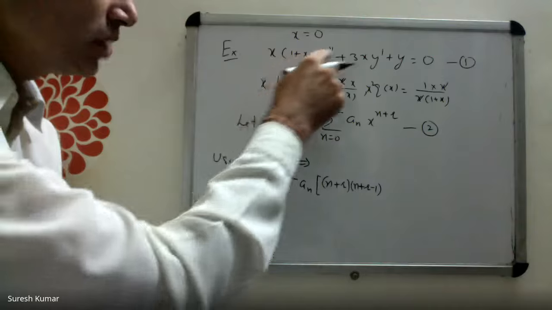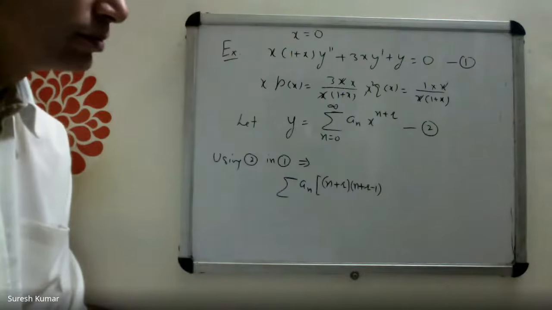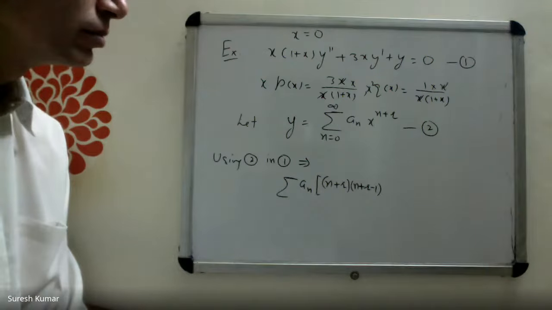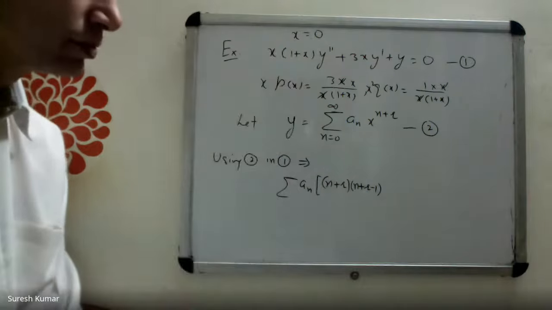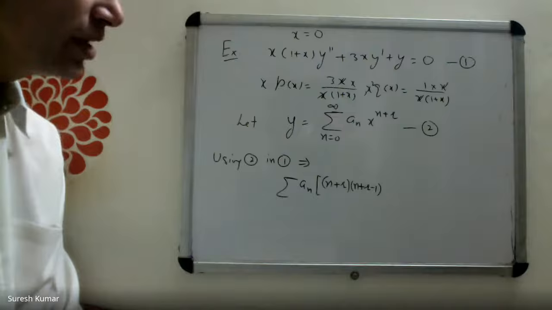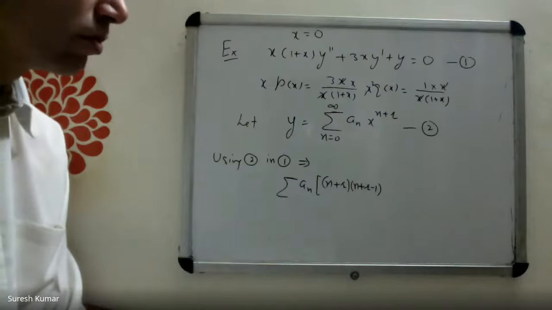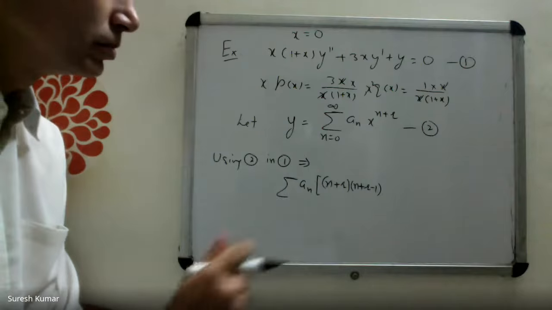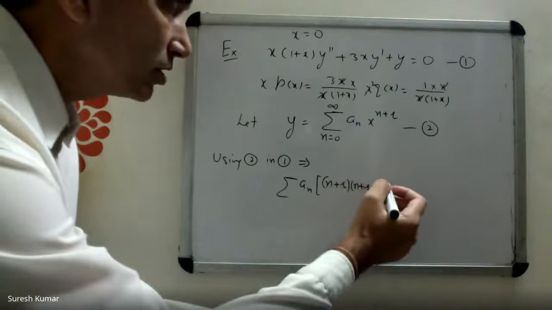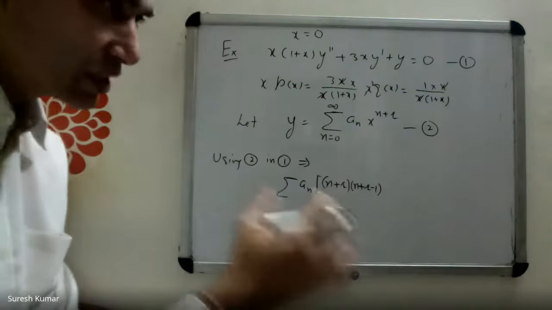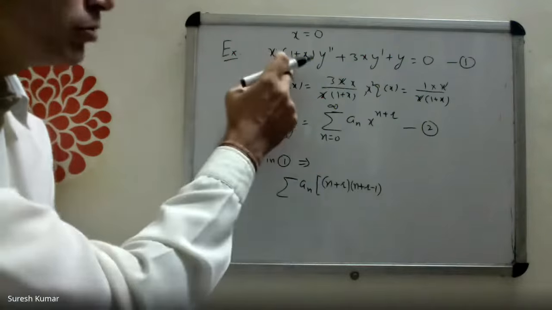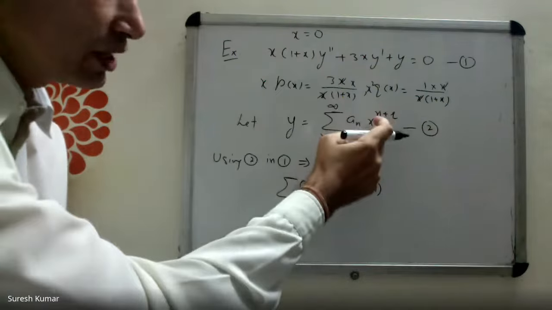This thing is multiplied with x square. And it is also multiplied by x. So if it is multiplied by x, what do you have? I don't want to write all these steps, I just want to explain in a simple way. If you multiply by x, what is the power of x?